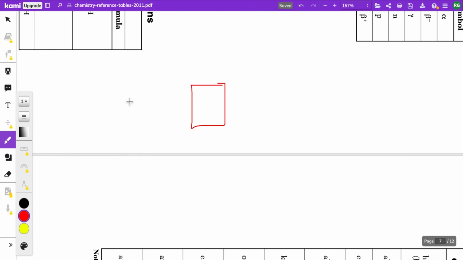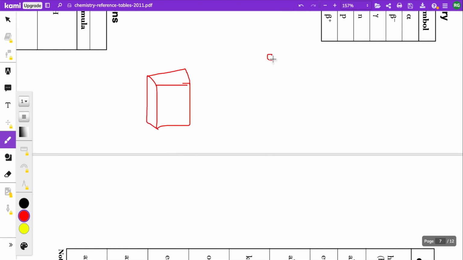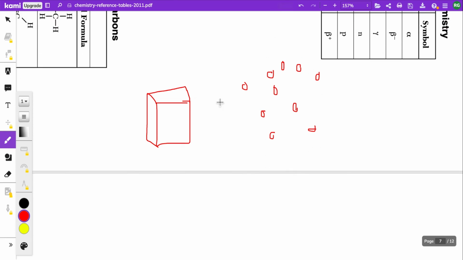A solid ice cube will always look something like this. However, gas particles can move, they take the shape of the container, and they are pretty wild. If you put gas particles in a room, they spread out everywhere and get really disordered, really messy.